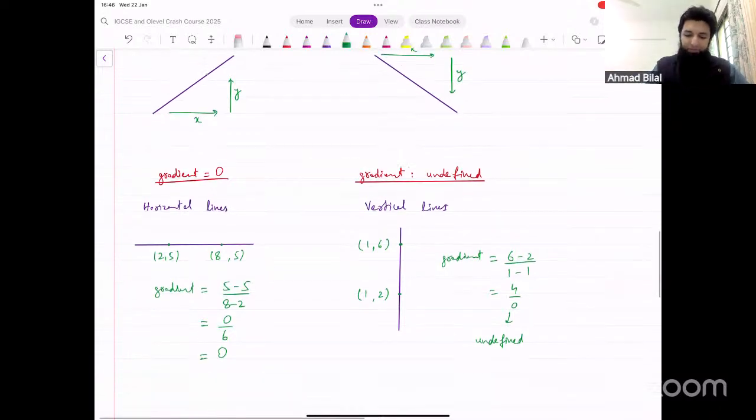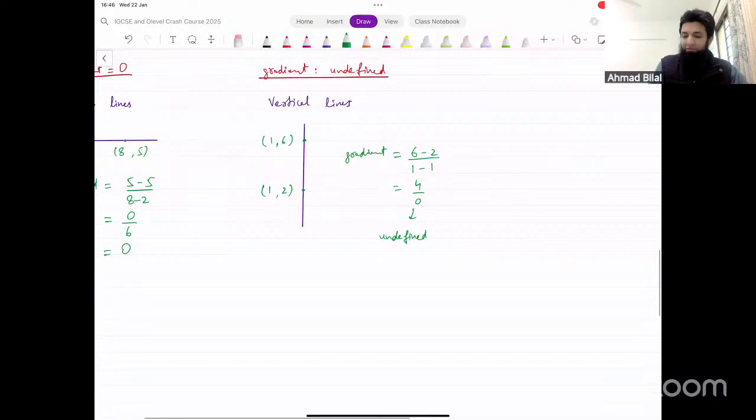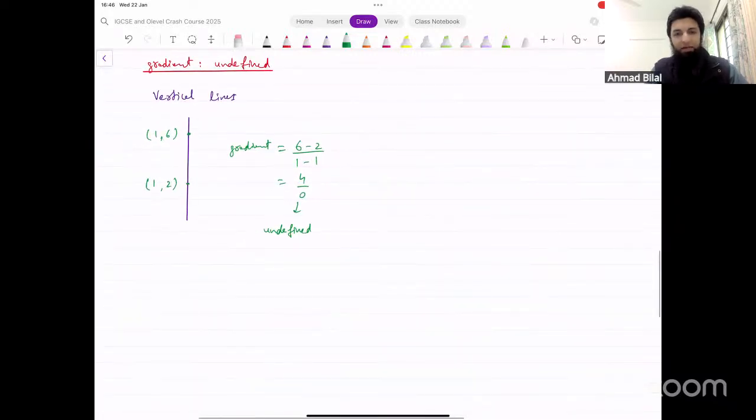Okay. Now, just a brief pointer on this. Those of you who don't know why 4 over 0 is undefined, 0 over anything is 0. Okay. But when you have 0 in the denominator, this is undefined. Now, let's quickly understand again, for those of you who are interested, how does division work? Let's say you have 12 over 4. What is that equal to? 12 over 4. That is equal to 3, right? 12 divided by 4 is equal to 3.